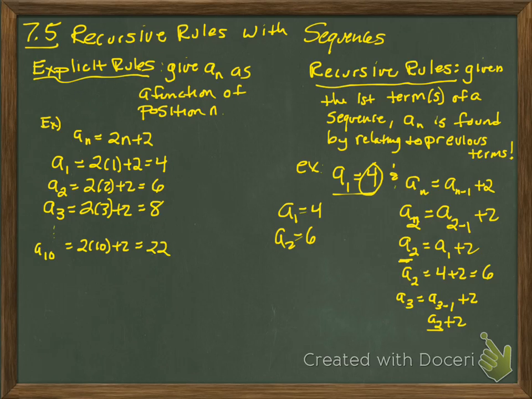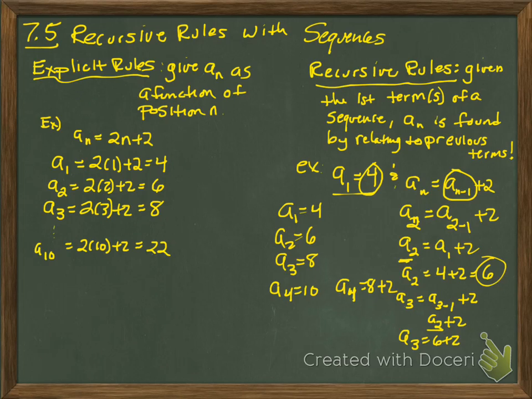Well, a sub 2 I found over here was 6. So a sub 3 is 6 plus 2, which is 8. Let's do one more. For a sub 4, I can jump to knowing this: if I look at my rule, it's always going to be the previous term plus 2. So the previous term is 8, add 2. A sub 4 would be 10.